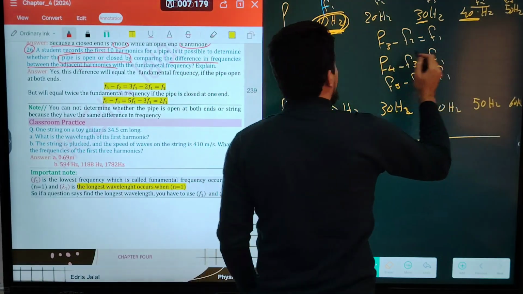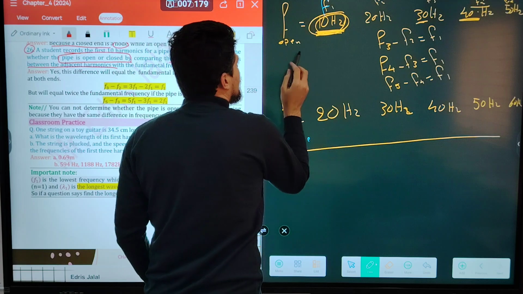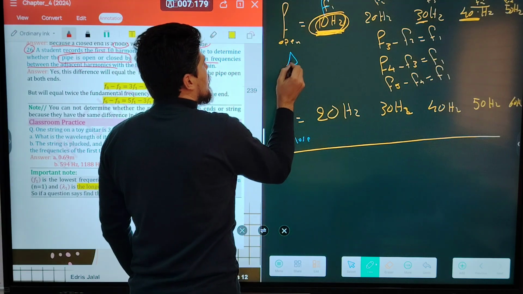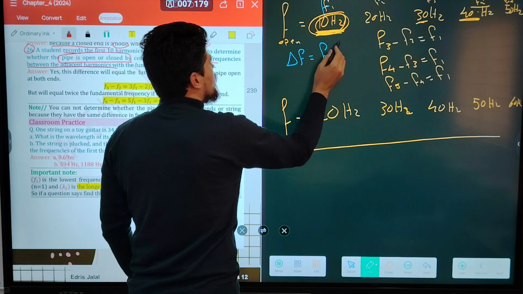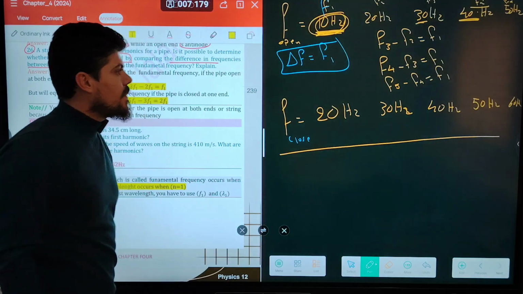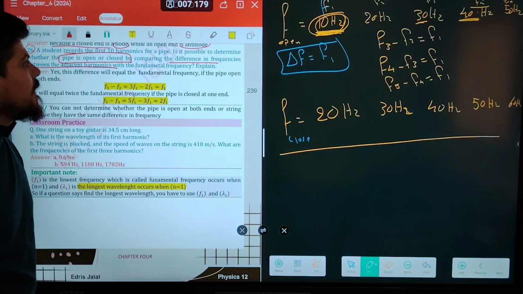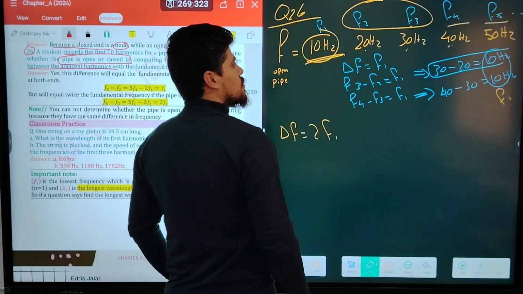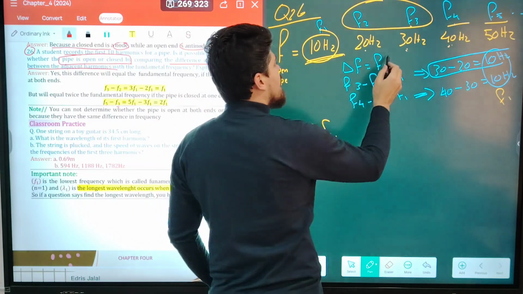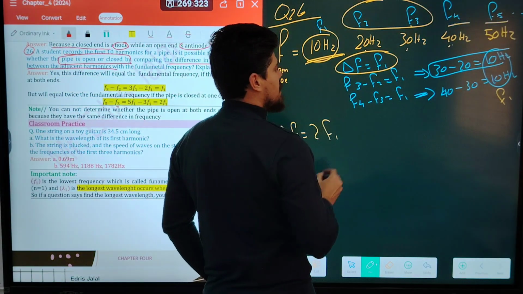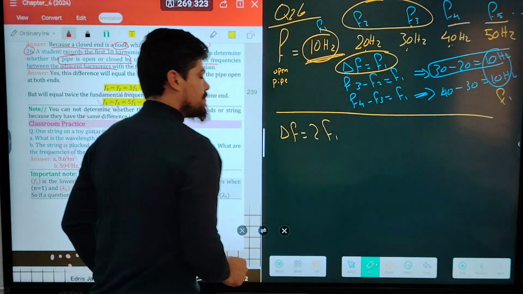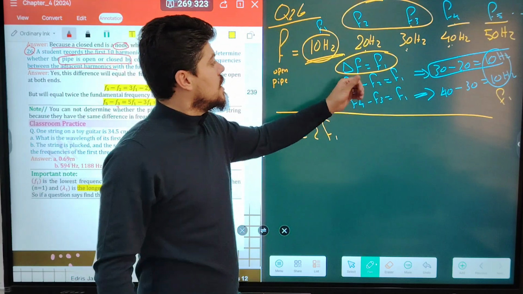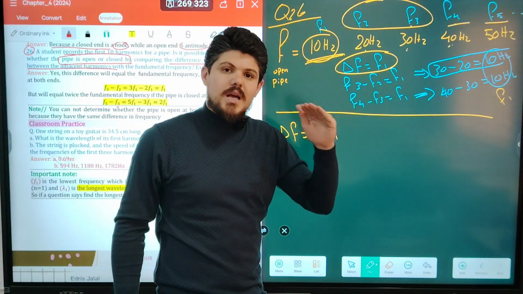So can we say that for the open pipe, delta F is equal to F1? Yes. Is it clear? 50 minus 40 is still equal to 10 hertz. So delta F is equal to F1 in the open pipe. Yes. For the open pipe, this is how you know the pipe is open: delta F is equal to F1.